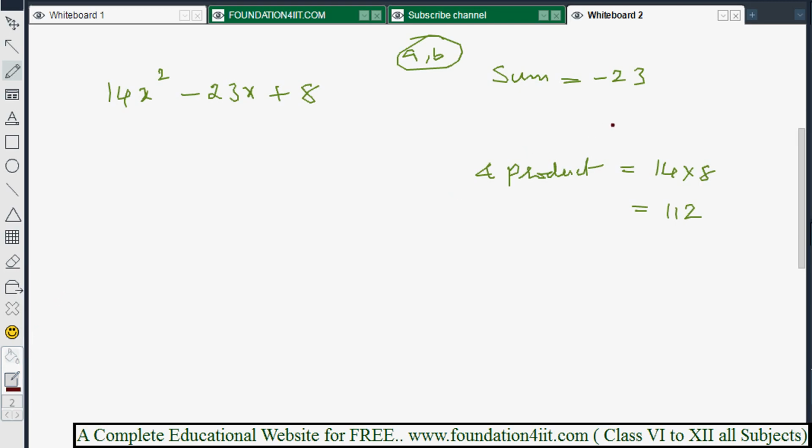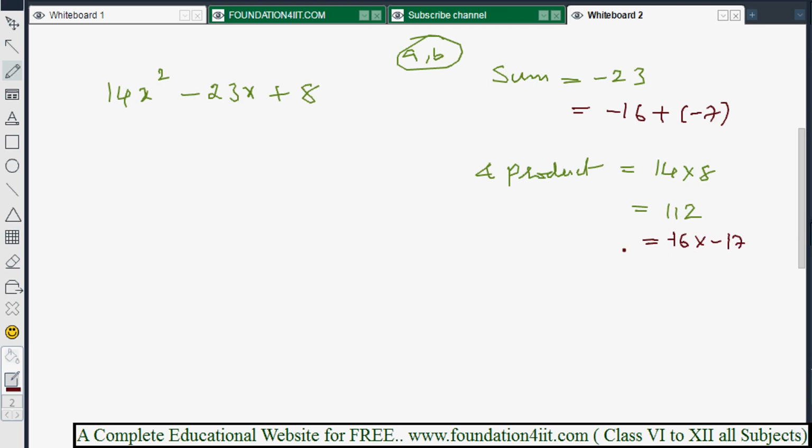Now if you observe clearly, the sum is minus 23. If you observe 16 and 7, minus 16 plus minus 7 is minus 23, and minus 16 into minus 7 is plus 112.